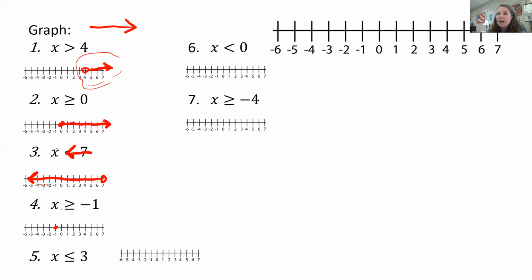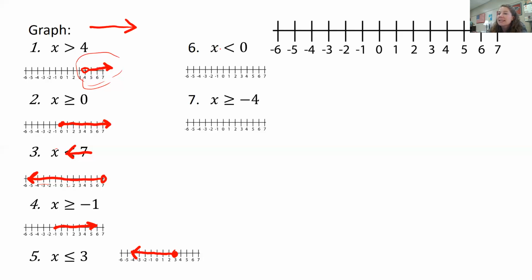So number 4, which way would my arrow be pointing? To the right. And this time I filled in that circle because it includes -1. Number 5, X is less than or equal to 3. So I'm going to fill in my circle. It's going to be a closed circle, and my line is going to be pointing to the left. Number 6, oh, my circle went away.